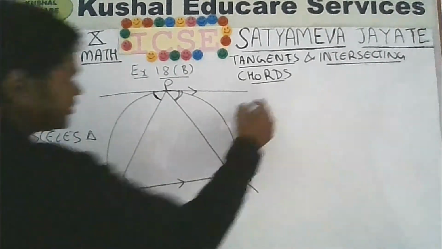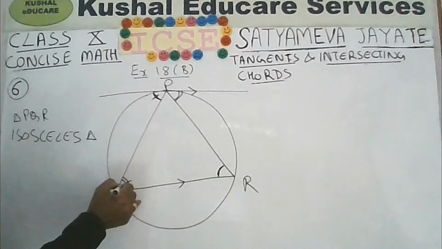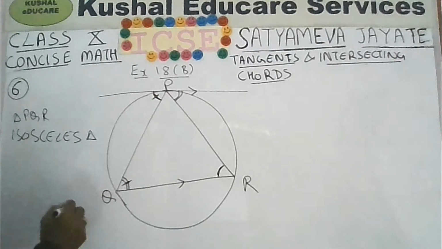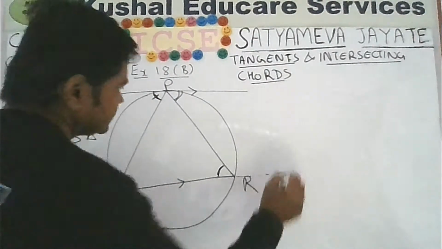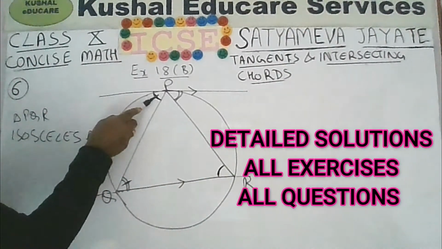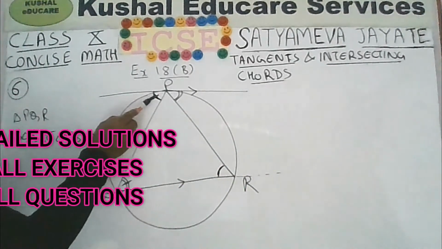Then what you can say is that this angle will also be equal to this angle because they are alternate interior angles. You can imagine PQ as the transversal. I am extending QR like this. This angle will be equal to its alternate interior angle, this angle, and also it will be equal to the angle in the alternate segment.